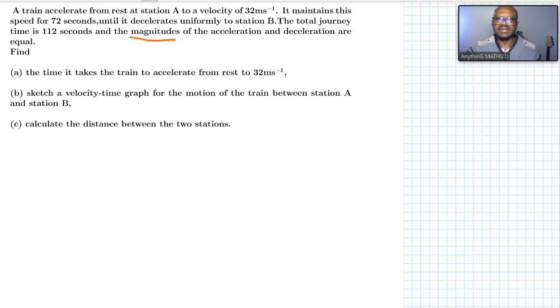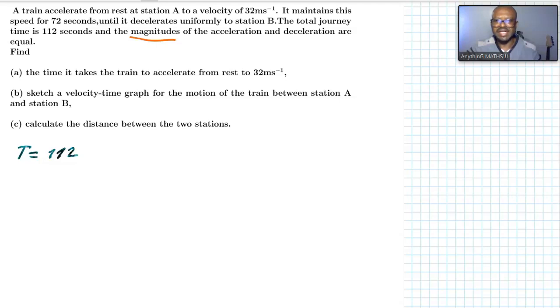From the question, we are given the total time it took the train from station A to station B. We're going to represent that by capital T, which is 112 seconds. And out of these 112 seconds, it spent 72 to maintain a velocity of 32 meters per second.